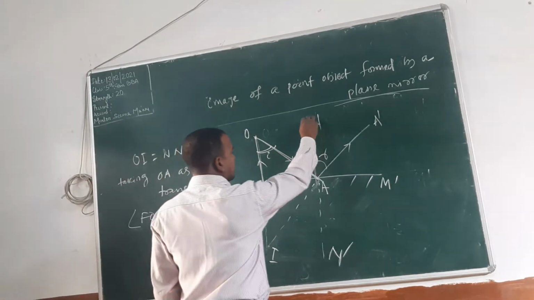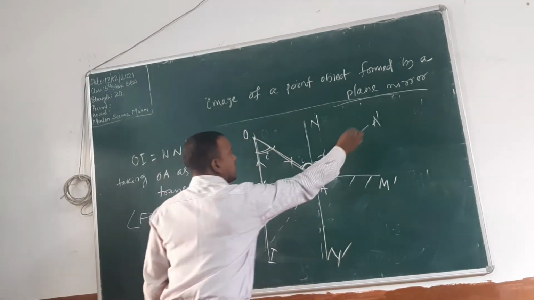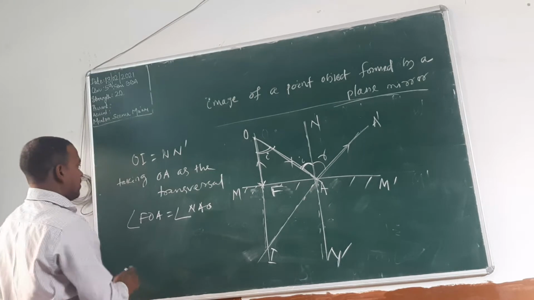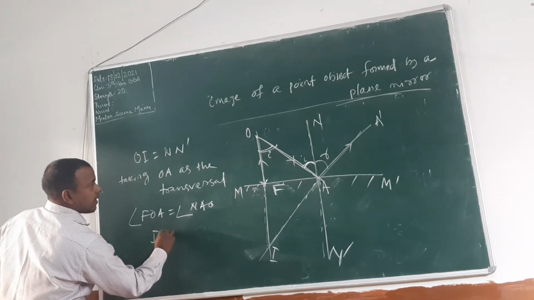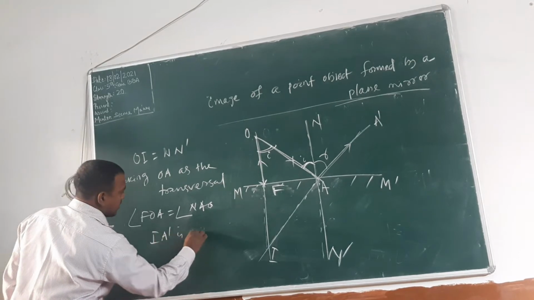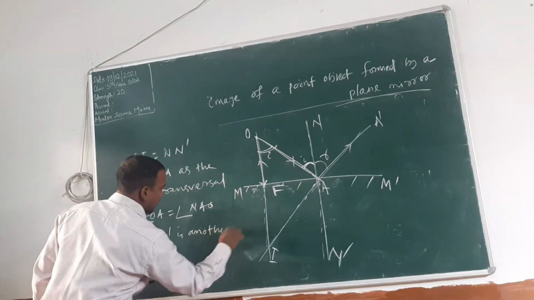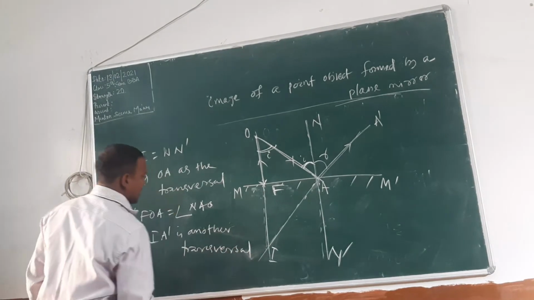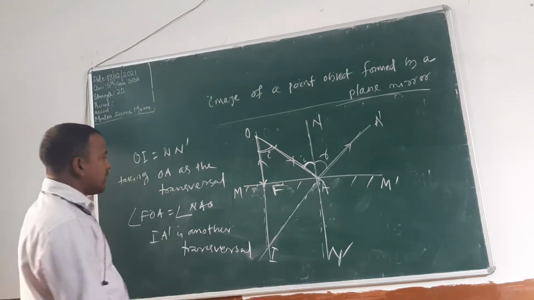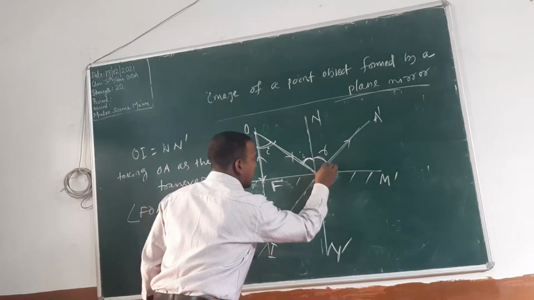Again, this is parallel to this and IA dash is another transversal. That's why this angle is the same as this angle.